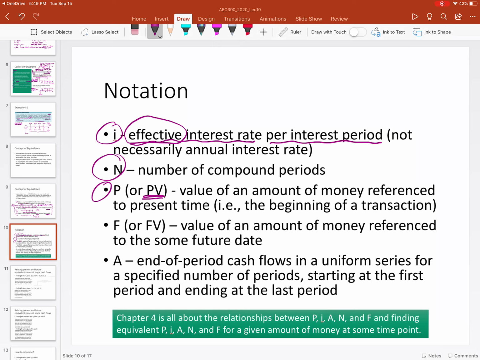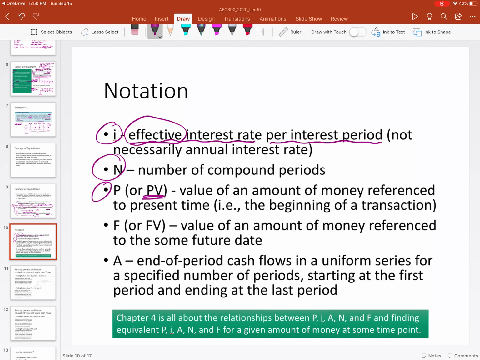Okay, but you always want to convert all the cash flows to the same time spot so that the single values can be comparable. You don't want to compare option 1's present value with option 2's future value. It's not comparable because we said money has the time value of money, it can change over time, right? You don't want to compare the present money with a future money.